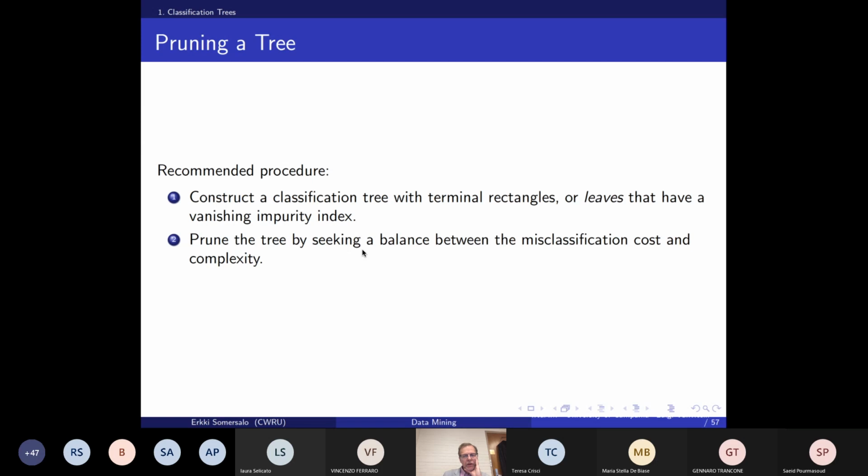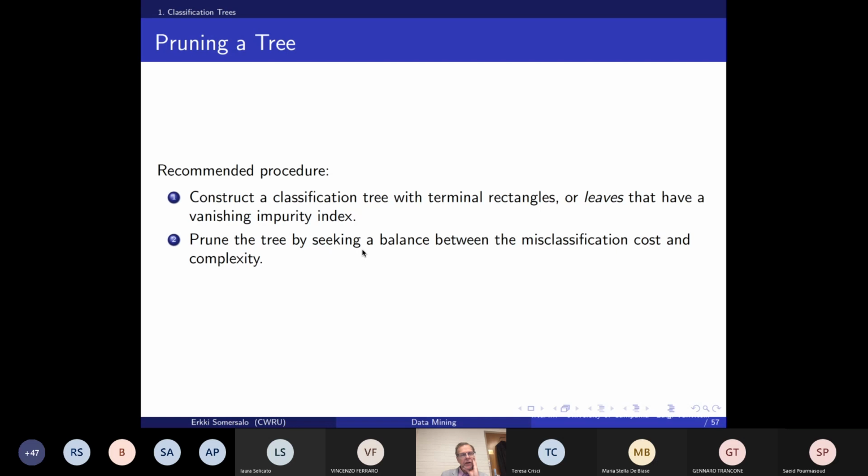So you try to decrease the so-called complexity. We will have to define that complexity, and I will come to that definition soon. But you have 2 things to look at. Cost means how much misclassification your tree is making with the training data, and complexity, how large your tree basically is. And so we are balancing between those 2.